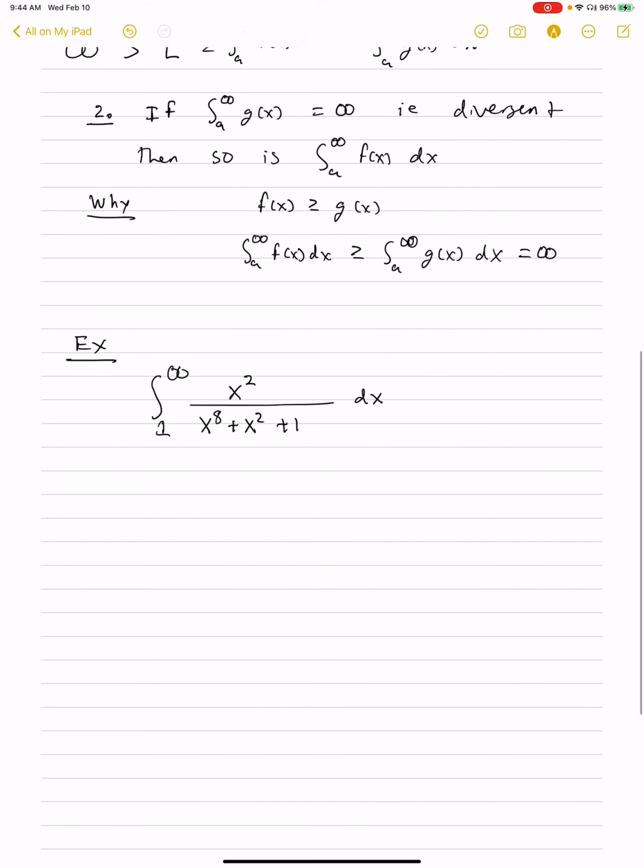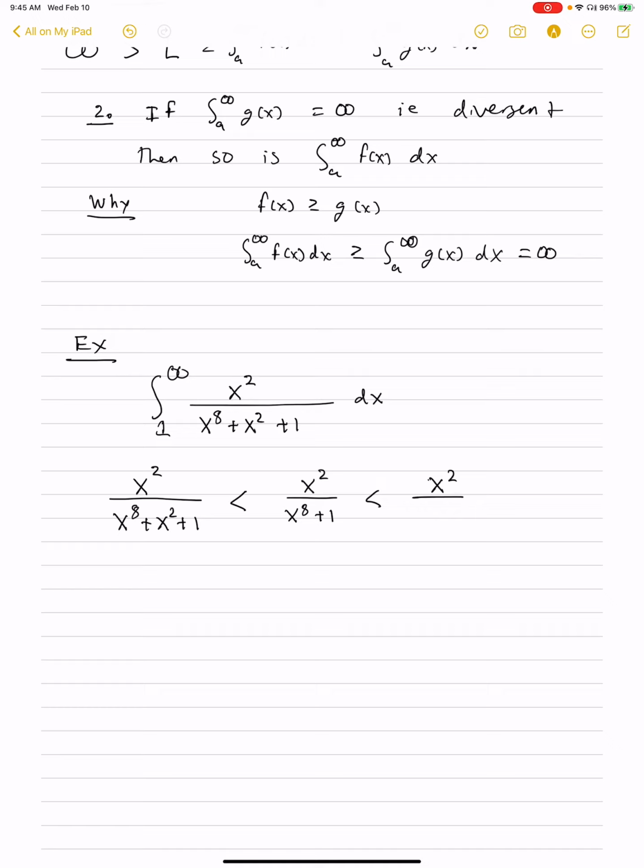Well, this statement is true: x squared over x to the 8th plus x squared plus 1 is less than, because it has more stuff in the denominator, x squared over x to the 8th plus 1. And that's less than x squared, I'm going to drop another term.